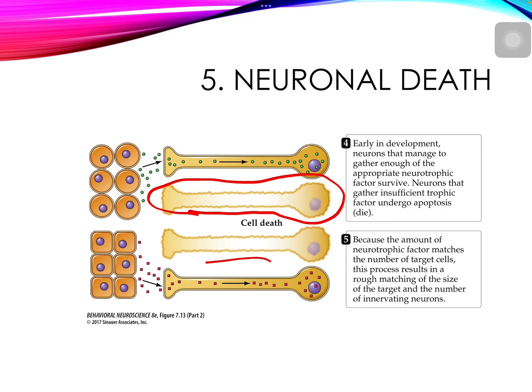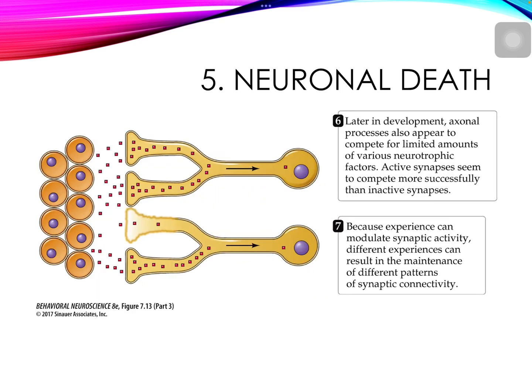But as we continue to develop, instead of looking at cell life, we're looking at synapses and connections. Here we see later in development, these axonal processes are now starting to compete. Now we have a more sophisticated cell, but we still have these target cells releasing neurotrophic factors.